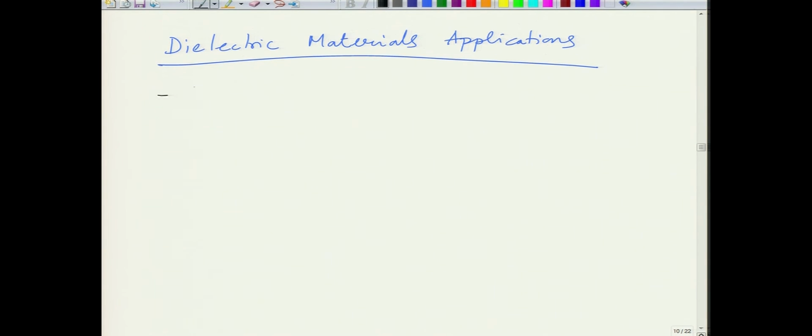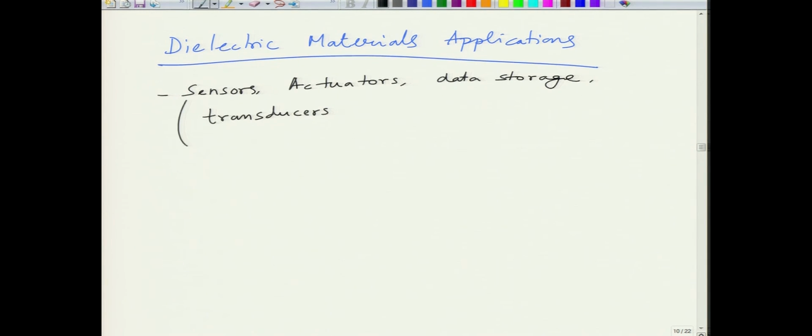So, they are used for various applications such as sensors, actuators, data storage, transducers. So, sensors, actuators, transducers. Sensors means they are used for sensing. Okay.